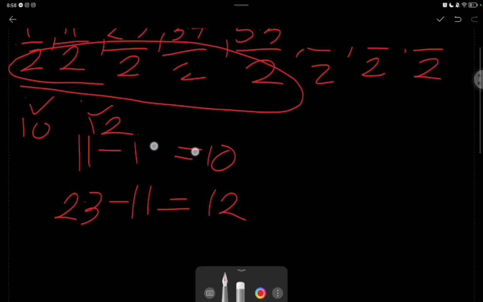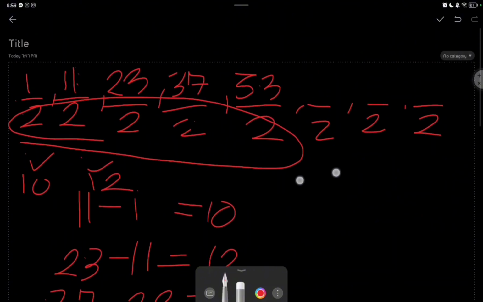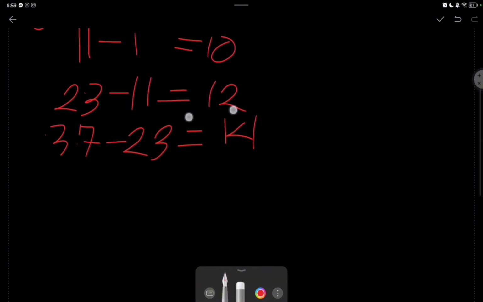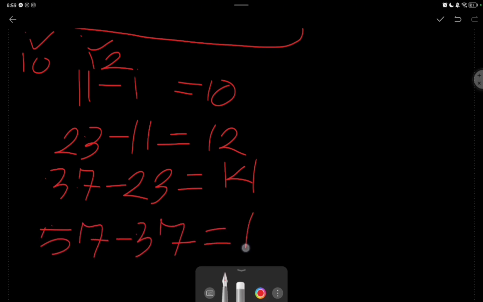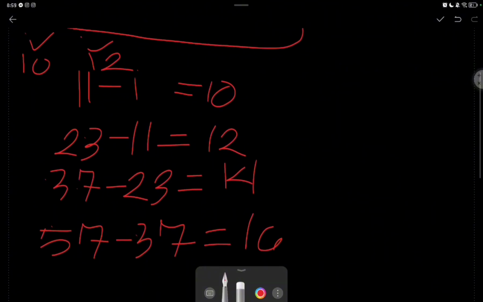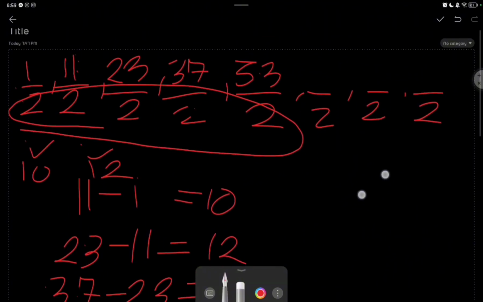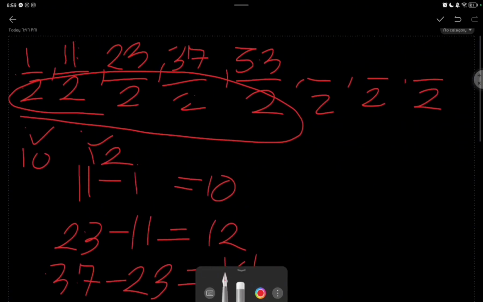And then 37 minus 23 is equal to 14. And then 53 minus 37 is equal to 16.